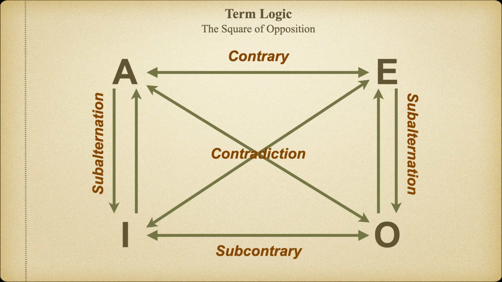We've learned about contradiction, contrariety, subcontrariety, and subalternation. Understanding these relationships allows us to perform immediate deductive inferences, or to put it another way, it allows us to make valid deductions based on just one premise.